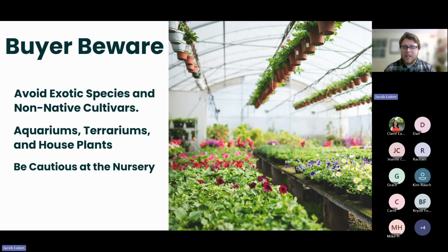Aquariums, terrariums, and houseplants are really fun additions to our homes and offices. And I've got plenty of plants here in my own house as well. But if you do have exotic species that you're growing in the house, it's important to make sure that they don't enter our environment, at least that they're not able to grow once they enter the environment.